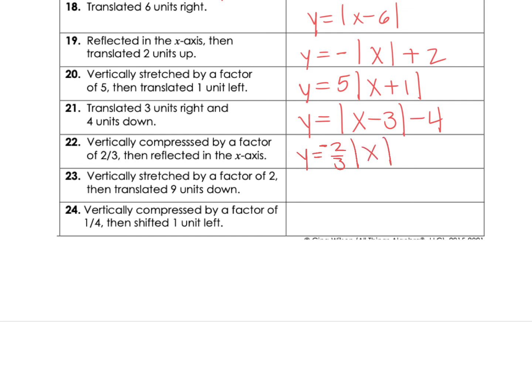No H, no K. 23, stretched by a factor of 2 and then translated 9 units down. So that means A is 2. There's no H value, and K is negative 9. And for 24, vertically compressed by a factor of 1/4. So A is 1/4, shifted 1 unit left. So inside the absolute value, x plus 1.